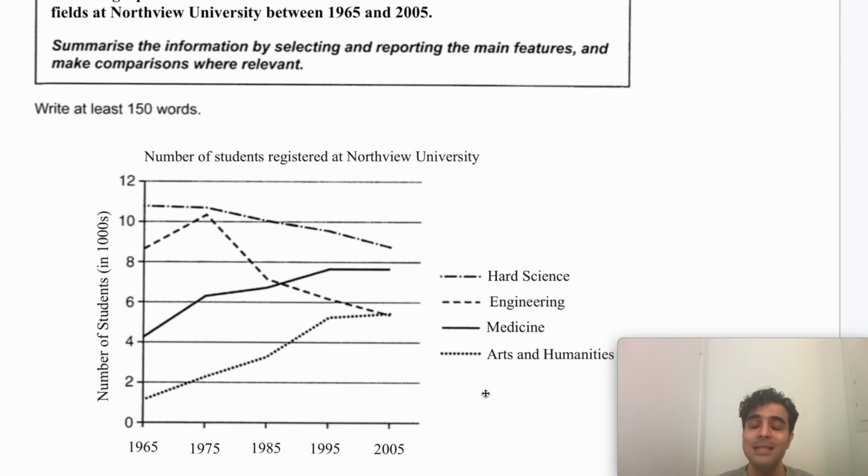So this itself can serve as a key point for your response. Your first key point can be, although there has been a decline in the number of students enrolled in hard sciences and engineering, the number of students who have chosen medicine or arts and humanities has increased over the years.